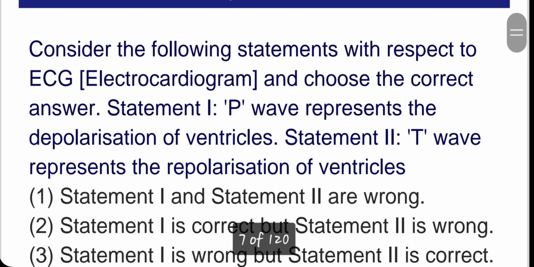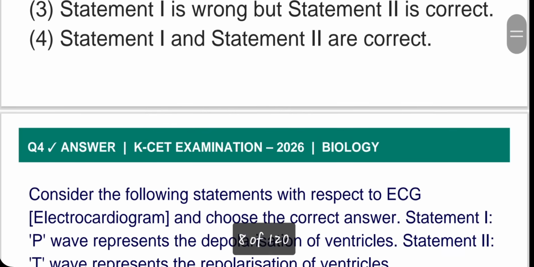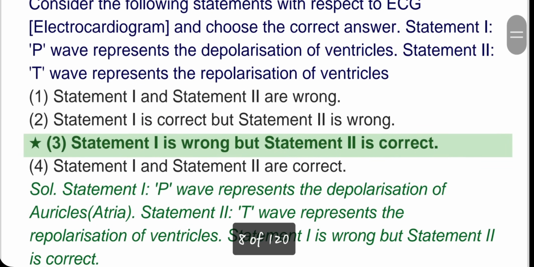Consider the following statements with respect to ECG, electrocardiogram, and choose the correct answer. Statement 1. P wave represents the depolarization of ventricles. Statement 2. T wave represents the repolarization of ventricles. So statement 1 is wrong, but statement 2 is correct.